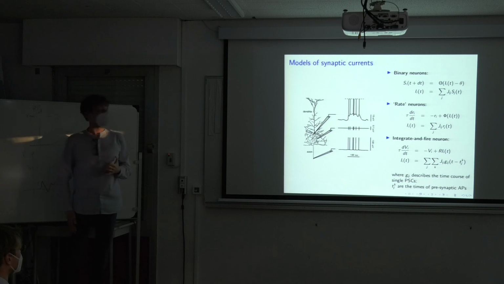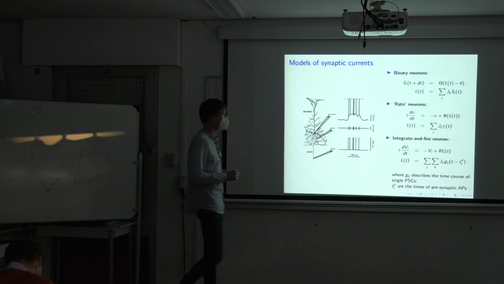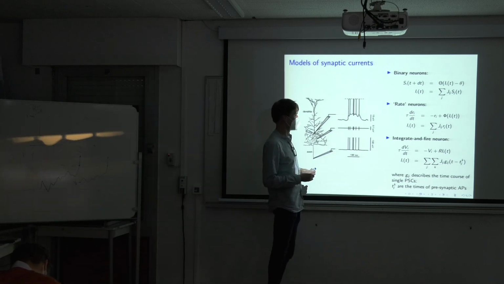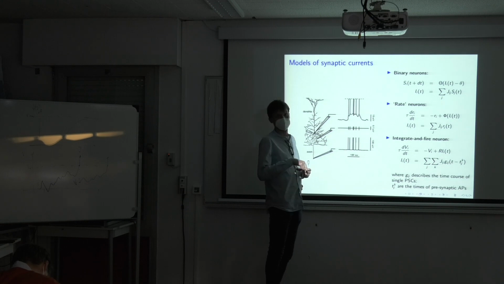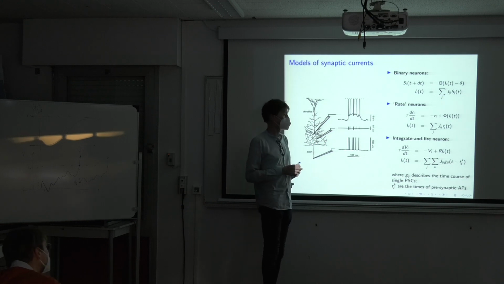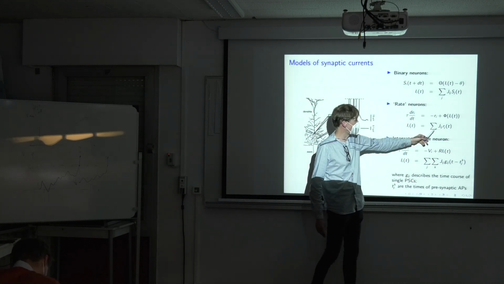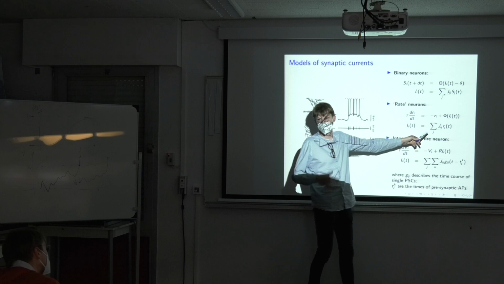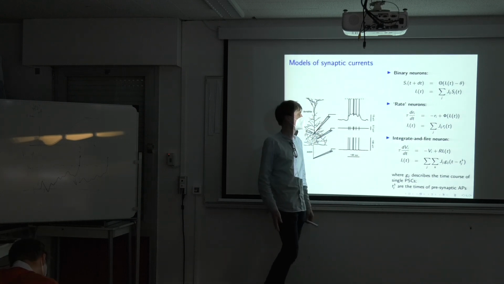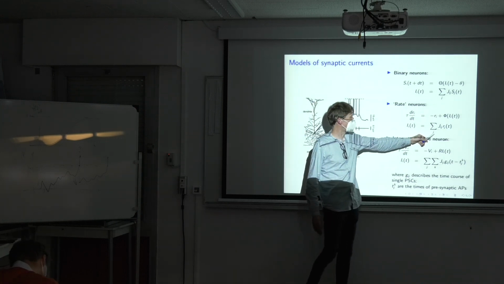In integrate-and-fire neurons, one typically also includes the whole time course of these postsynaptic currents. So here you see that in the synaptic current you had a single sum over the presynaptic neurons j.